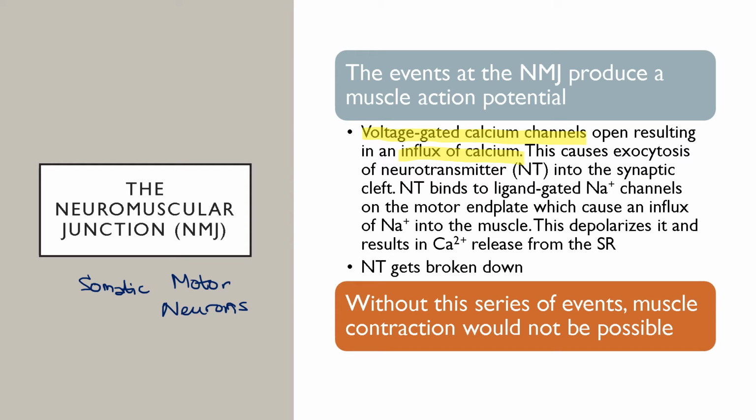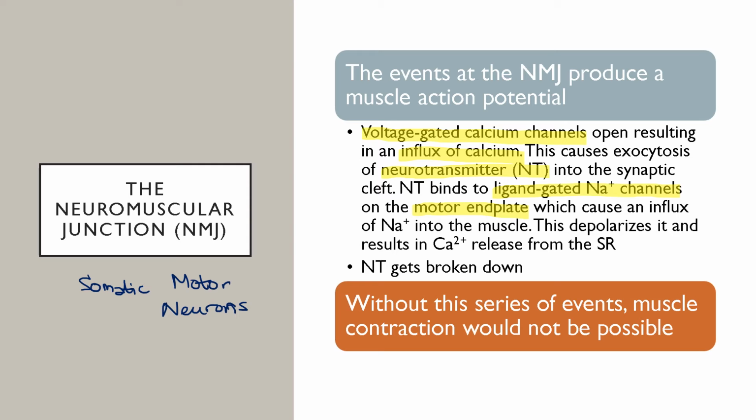This is going to be at the end of the neuron axon. Neurotransmitters will then be released into the synapse and bind to ligand-gated sodium channels at the motor end plate, which is the muscle side of the neuromuscular junction. Now, without this series of events, muscle contraction would not even be possible at all.